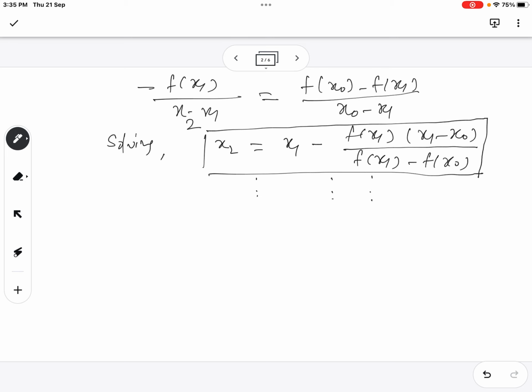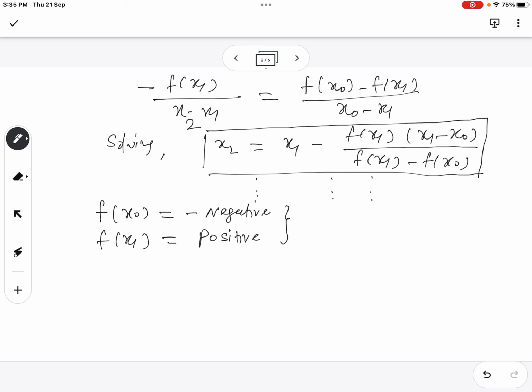So the procedure is something like this: first we find a point where the function is negative, then another point where the function is positive. So the root lies in between these two.